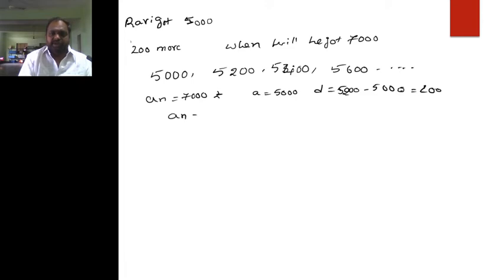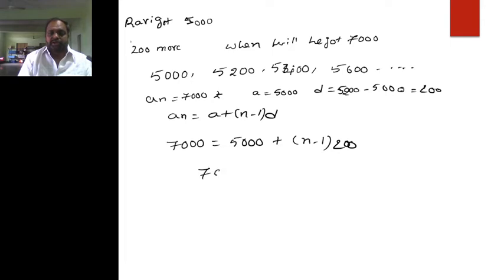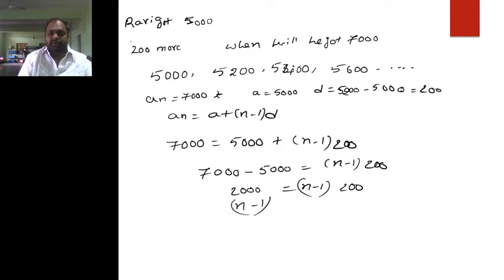So formula AN is equal to A plus N minus 1 into D. 7,000 is equal to 5,000 plus N minus 1 into 200. So take 5,000 to the left hand side, that means transpose: 7,000 minus 5,000 is equal to N minus 1 into 200. So 2000 is equal to N minus 1 into 200.